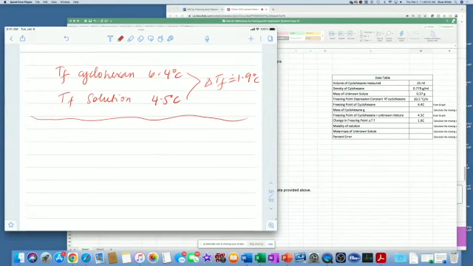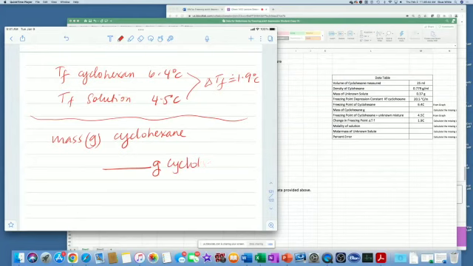Next thing we're trying to find is the mass in grams of cyclohexane, which is just saying to get a number that has the unit grams where it's talking about cyclohexane. The closest thing we saw was from the table where we have density, but density is not grams. That's okay though, because it has grams.